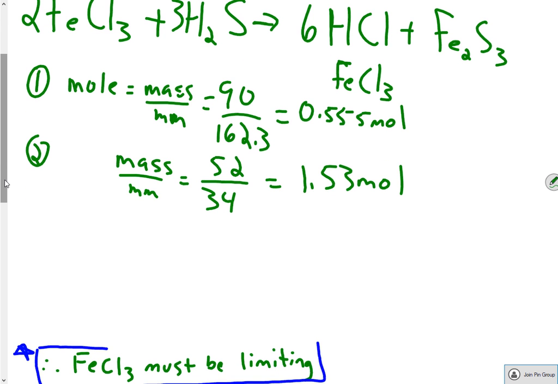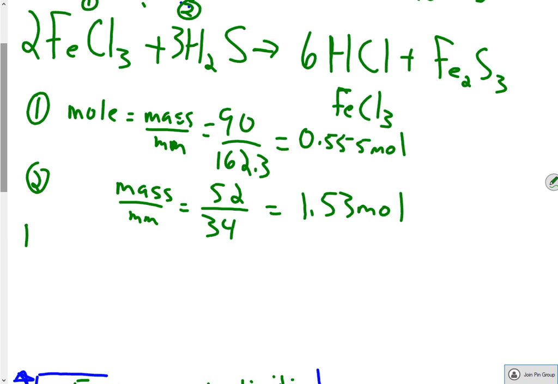I'll always use the first one. So FeCl3, I have 0.55 moles.